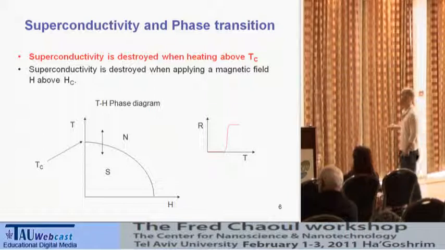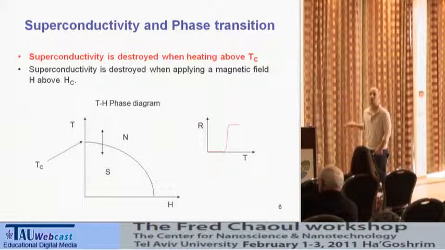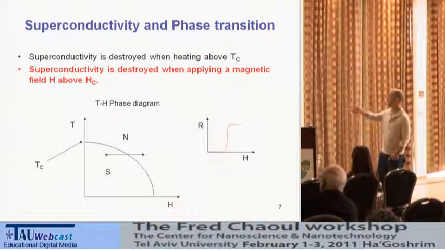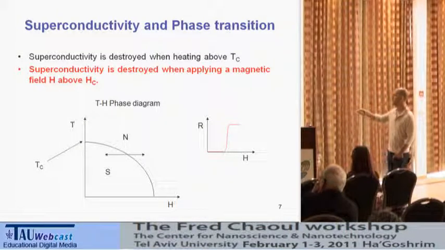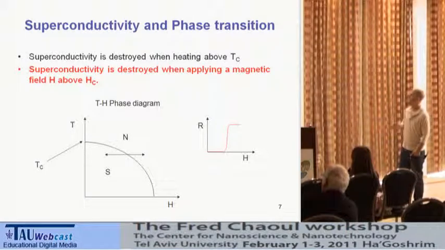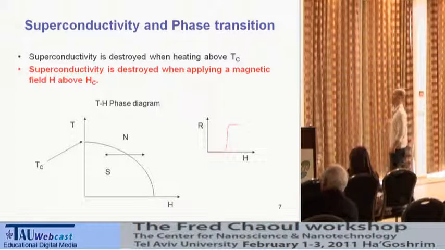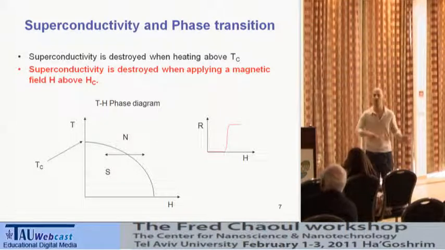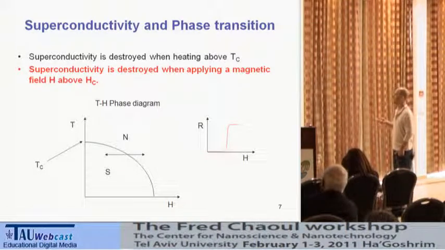Alternatively, if I want to destroy superconductivity, I can increase the magnetic field. I'm going here, I'm increasing the magnetic field. The measurement looks the same, but this time the x-axis is the magnetic field. When I cross this line over here, I'm seeing a jump of the resistance. So again, every time that I cross this line, I'll see a phase transition from the superconducting state to the non-superconducting state.